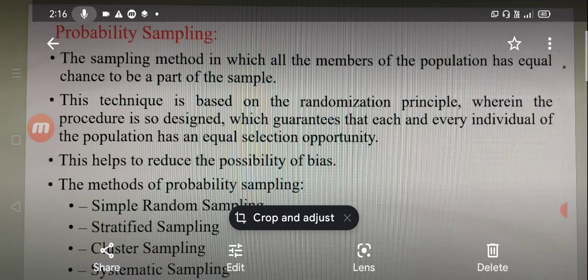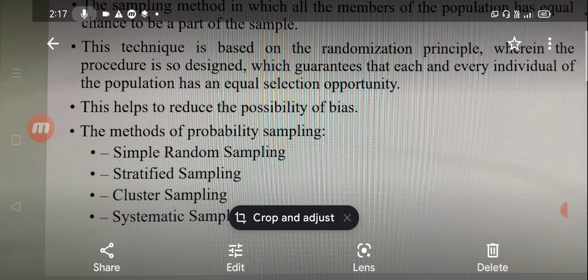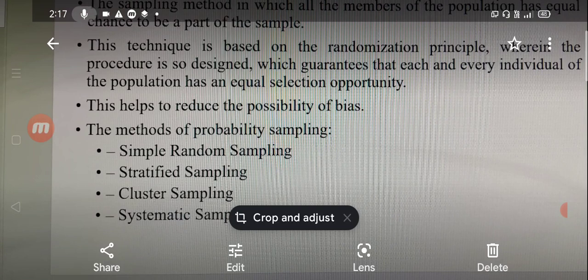And this probability sampling is again divided into 4 types: simple random sampling, stratified random sampling, cluster sampling, and systematic sampling. So, again, the probability sampling is divided into how many methods? 4 methods.